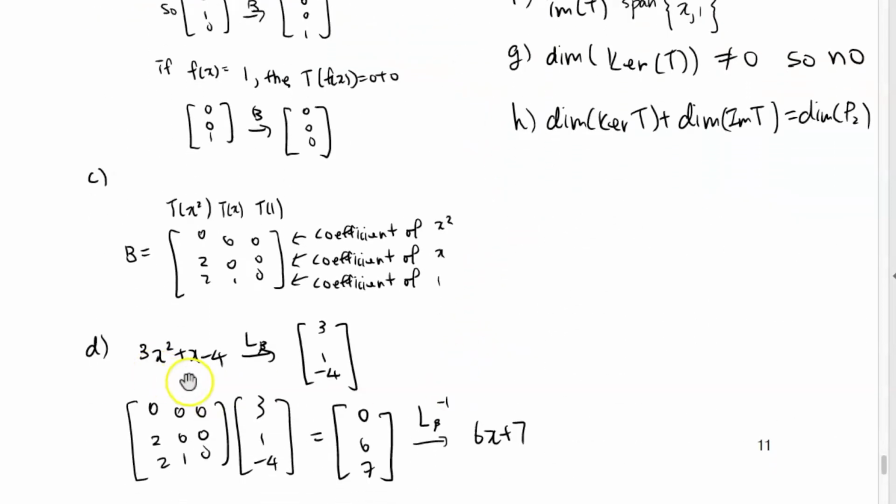Okay, so 3x squared plus x minus 4 is actually the vector 3, 1, negative 4. So I'm going to multiply my B matrix with 3, 1, negative 4, and this is what I get. Yes, indeed, it's 0x squared plus 6x plus 7, so exactly what I expected.